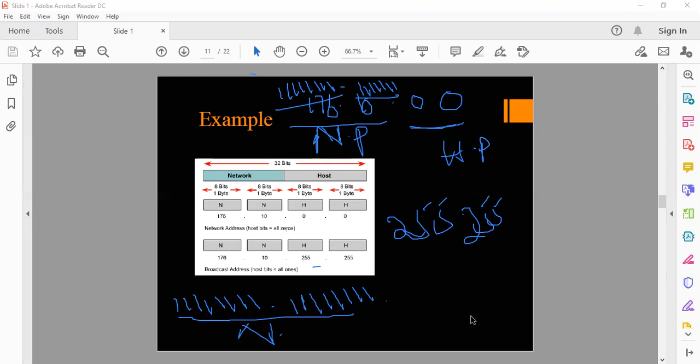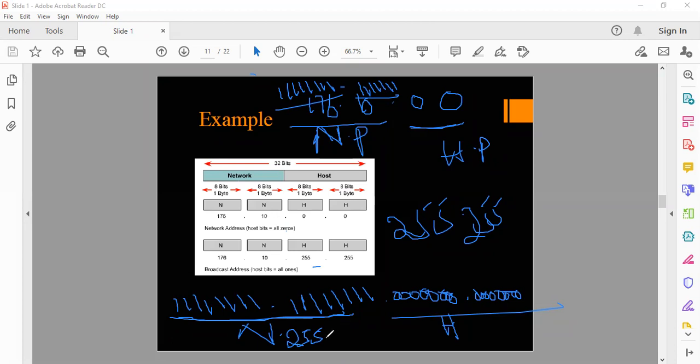To understand any IP addressing, you make the whole network portion 1s and the whole host portion 0s. This is written in the form of the subnet mask.